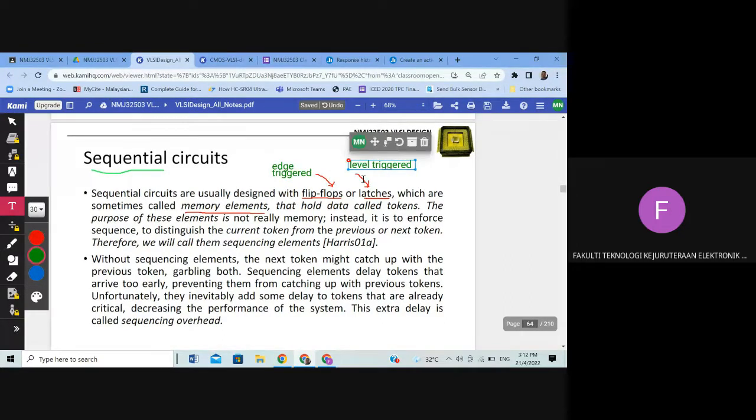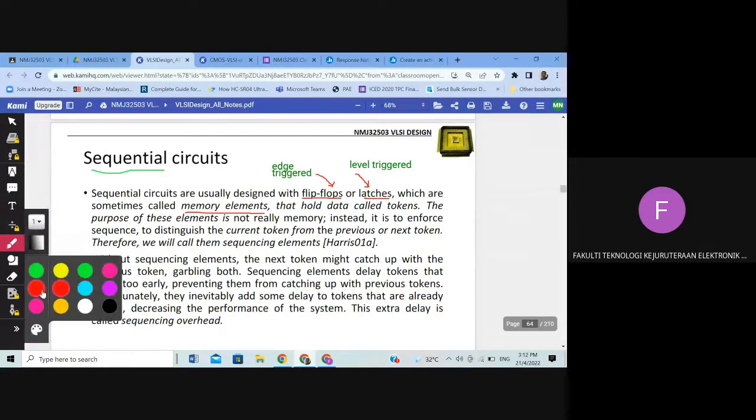So what is edge? What is level? Normally, as I mentioned, both of these need clocks to operate. We have discussed clock in our previous lecture. An ideal clock is like this: we have a sharp rising and sharp falling edge.